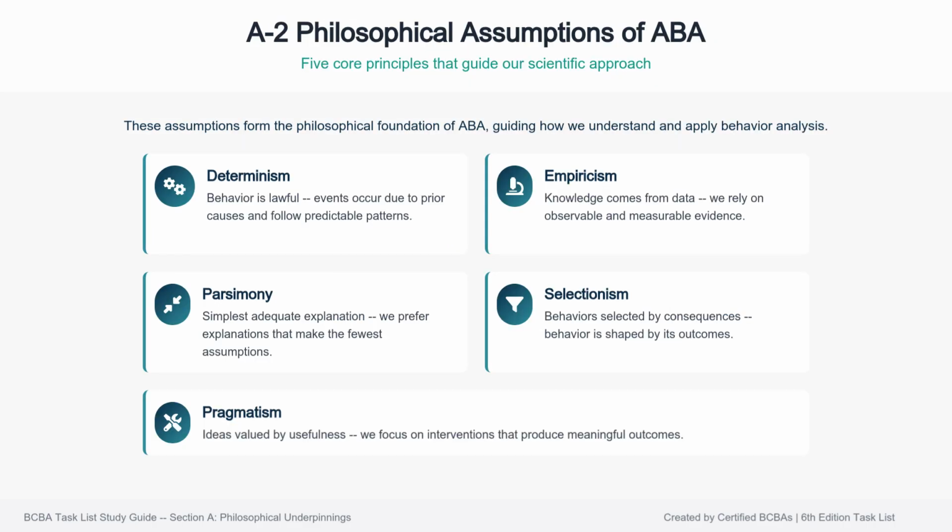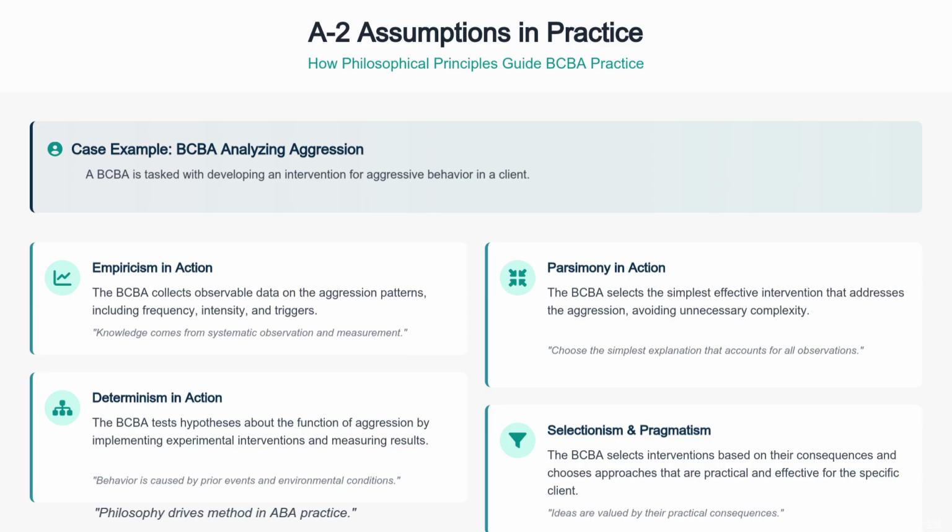Next, let's look at the 5 philosophical assumptions that shape how we think: determinism, empiricism, parsimony, selectionism, and pragmatism. They might sound academic, but they explain why ABA is such a reliable science. Determinism means behavior is lawful. Things don't just happen. If we look closely, we'll find causes. Empiricism means we rely on data.